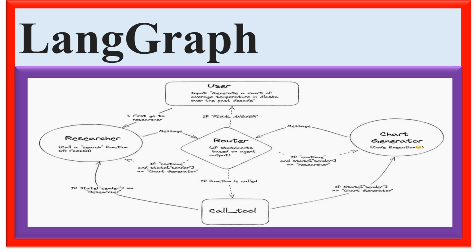LangGraph also handles state management automatically, which means it keeps track and persists information across multiple interactions, maintaining context and responding appropriately to new inputs. And this feature is crucial for creating sophisticated agent runtimes. Using LangGraph offers several advantages, including simplified development, flexibility, scalability, and fault tolerance.